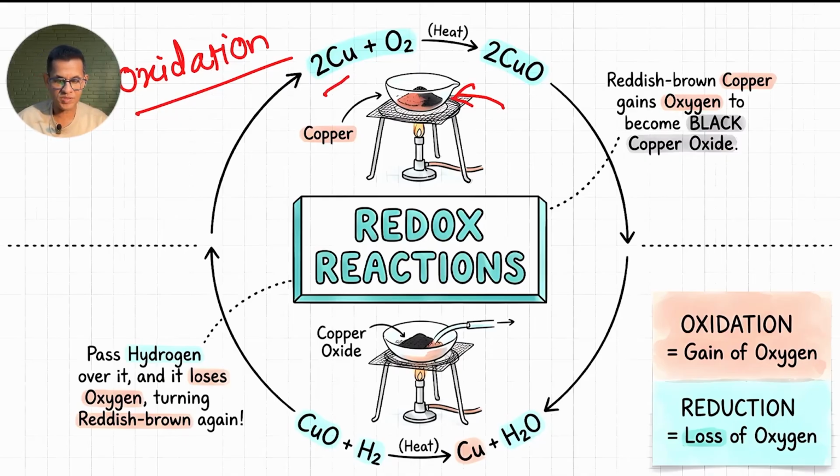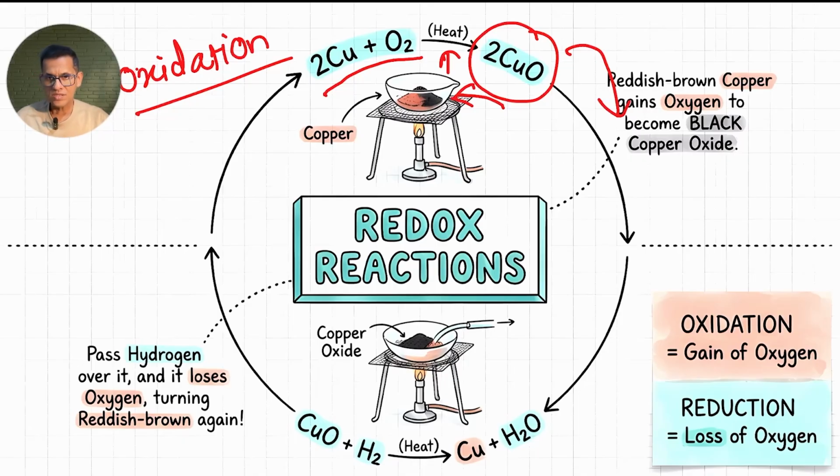Copper is reacting with oxygen and forming black colored copper oxide. So when the color changes from brown to black, we should understand that copper has reacted with oxygen and formed copper oxide. Of course, this requires a heating process. So this is the oxidation reaction because copper is gaining oxygen.